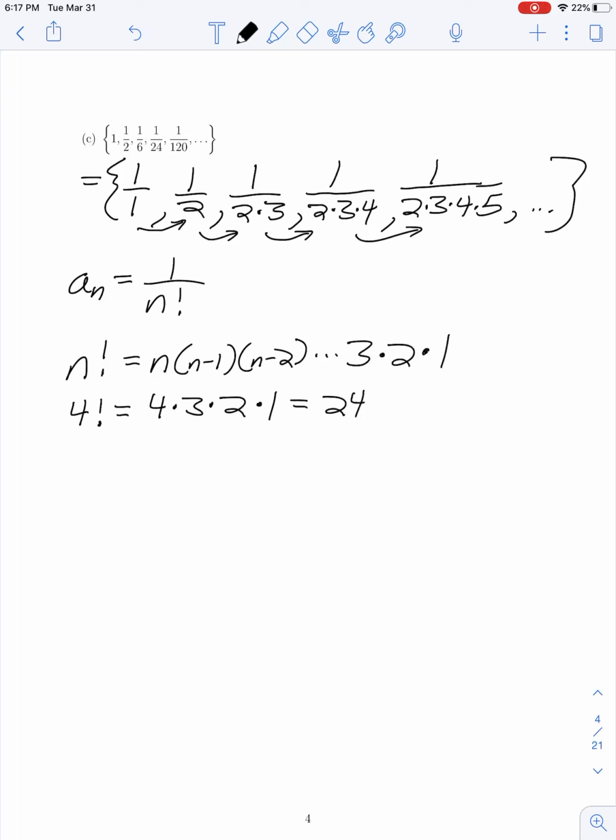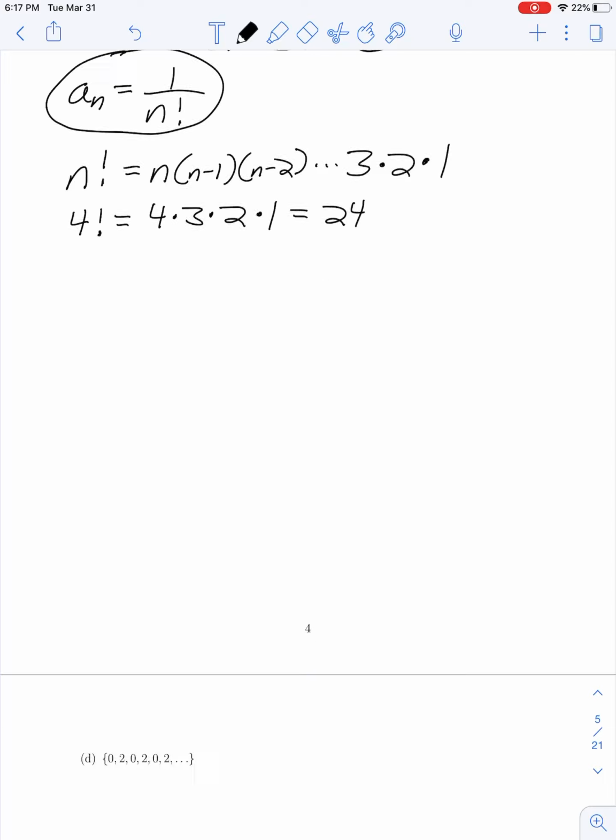So as an example, 4 factorial would be 4 times 3 times 2 times 1, or 24. So in general, the nth term of that sequence would be 1 over n factorial.